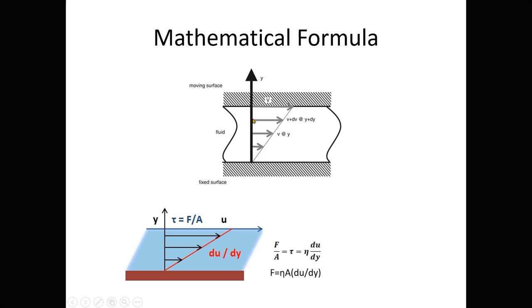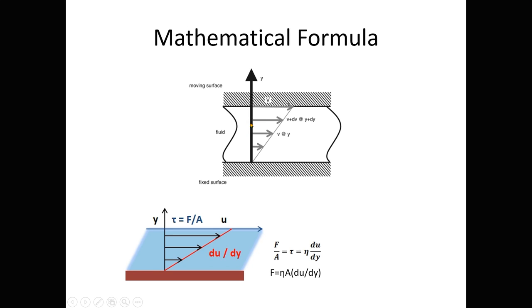Let us suppose the velocity becomes v plus dv. This vector represents v, this is v plus dv, this distance is y, and this small distance is dy.